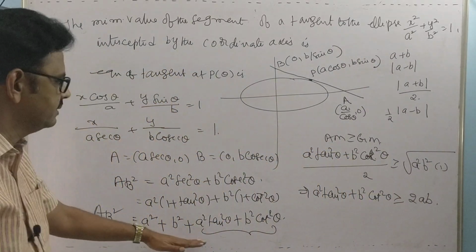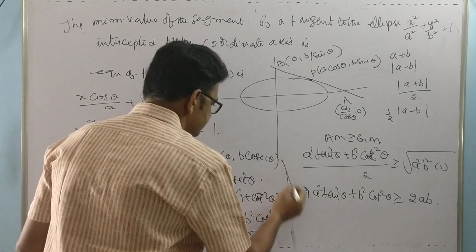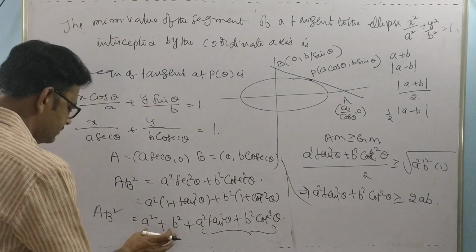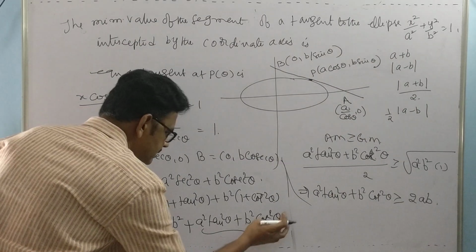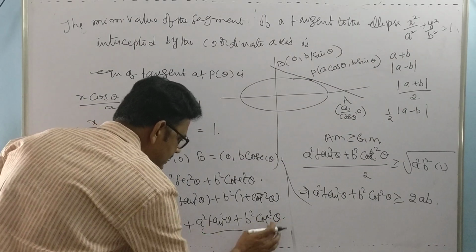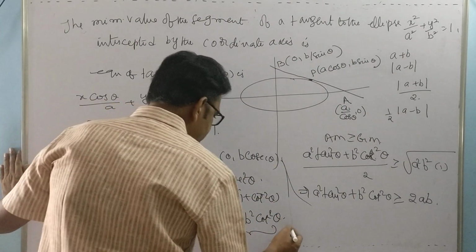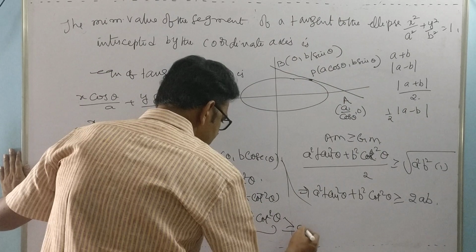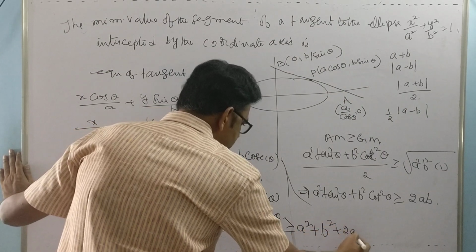Now come to here, this one. So a square plus b square is as it is, and this one is greater than or equal to 2ab. So that implies this total part is greater than or equal to a square plus b square plus 2ab.